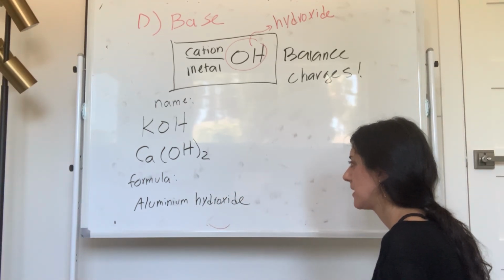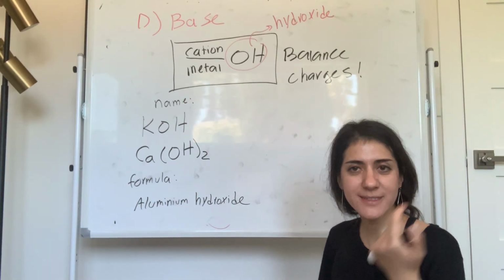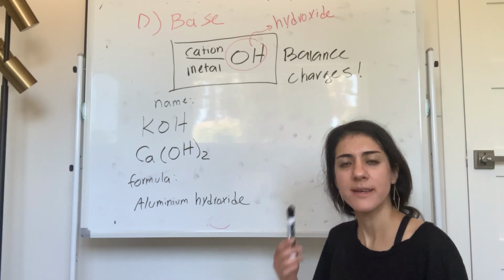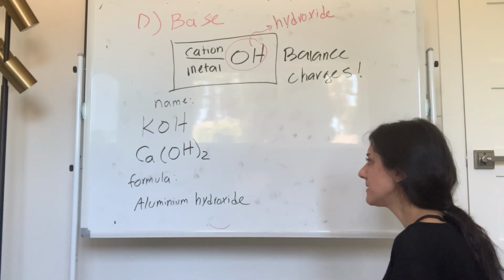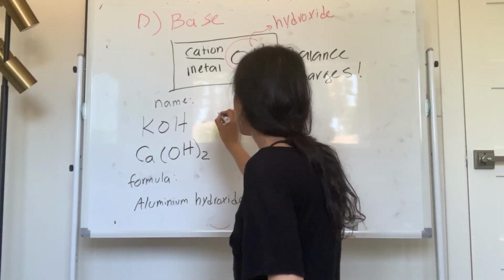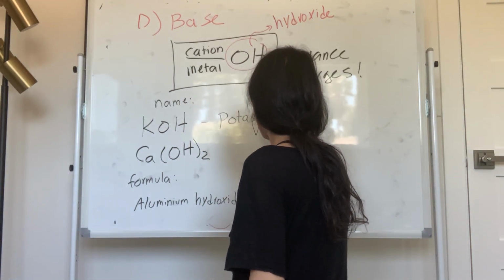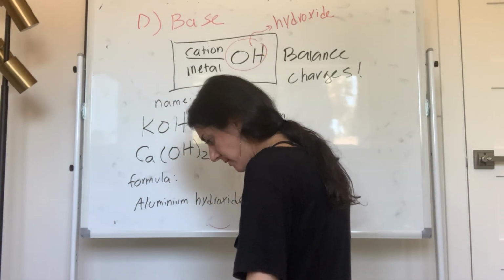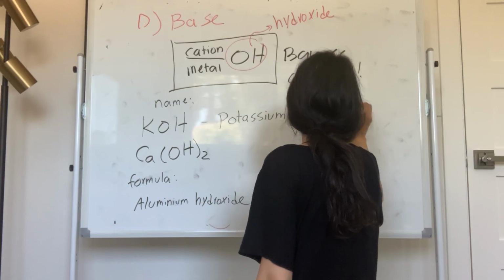Okay. KOH is a base, right? That's the first thing you should think about when you see a compound: is it a base, acid, covalent, or ionic? What is K? K is potassium. What is OH? OH is hydroxide. So potassium hydroxide.